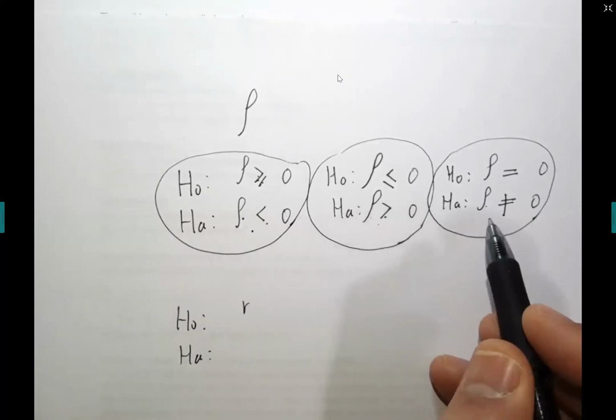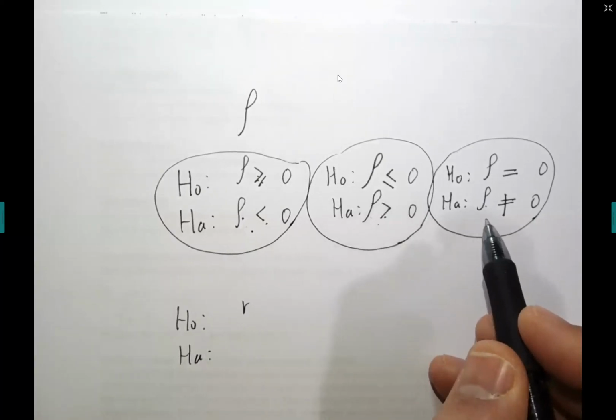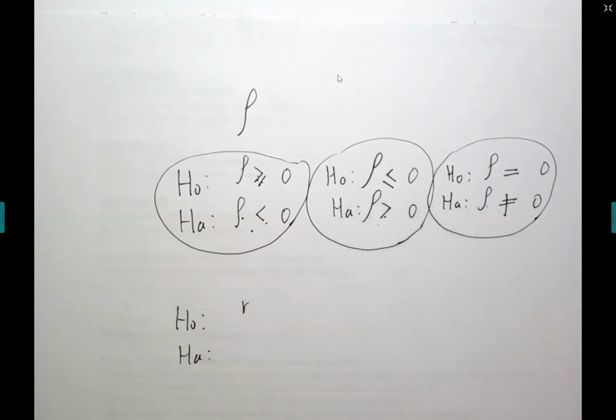Any guess, guys, what would be the question to select number 3? Let's see. No equal. He won't say the equal sign. He will just say test for correlation.